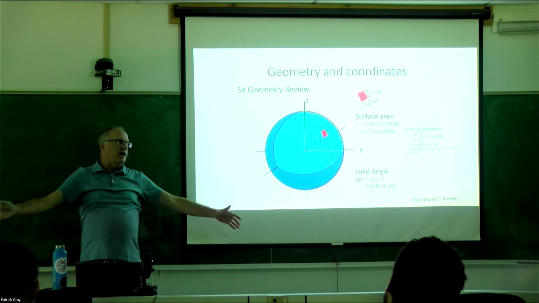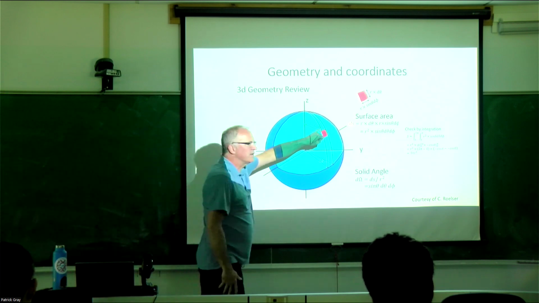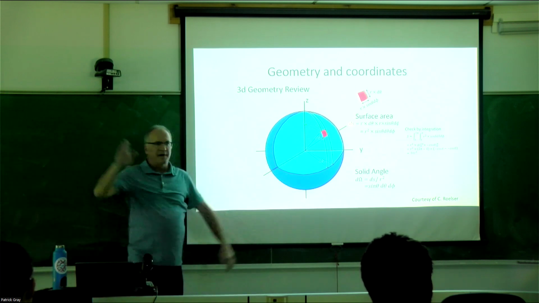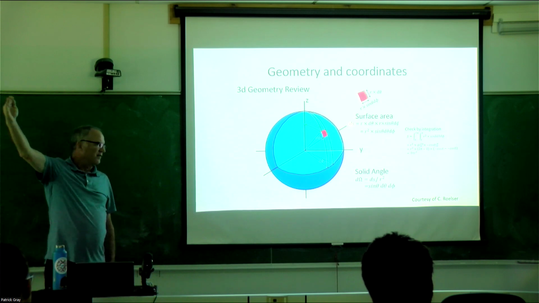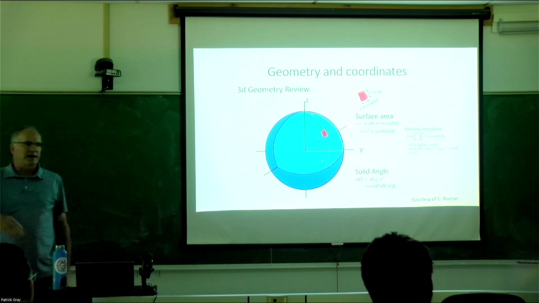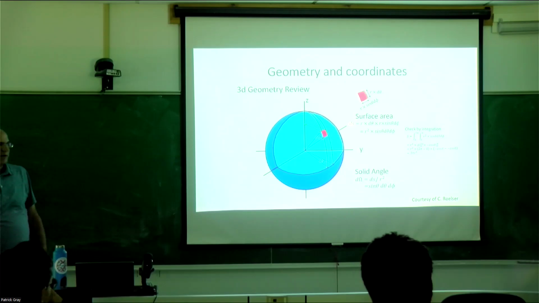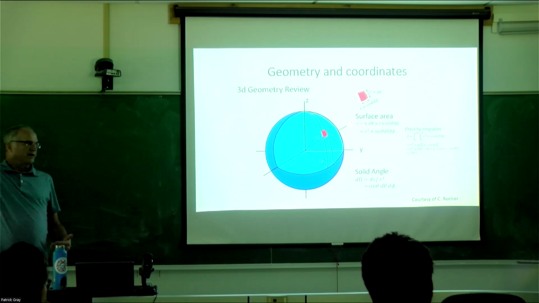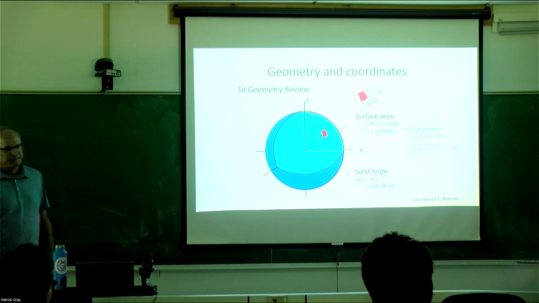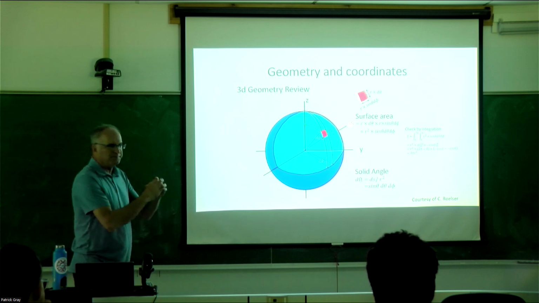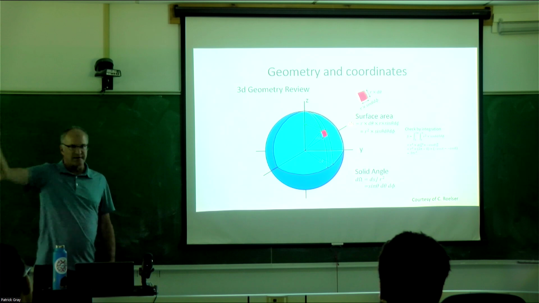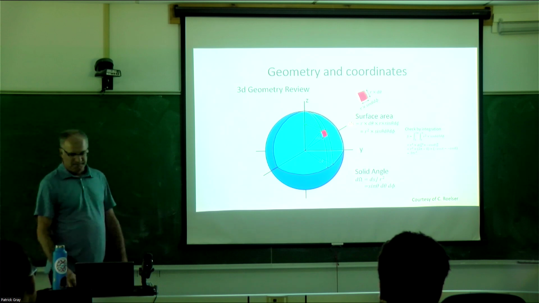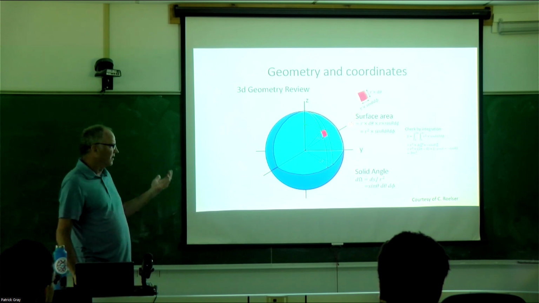If I look into the sky, I'm looking at some projected area out in space, some distance away from me. Maybe I want to get up to the middle of the atmosphere. That's my distance from my point to the atmosphere. But that space in that sphere that I'm looking at is called solid angle.